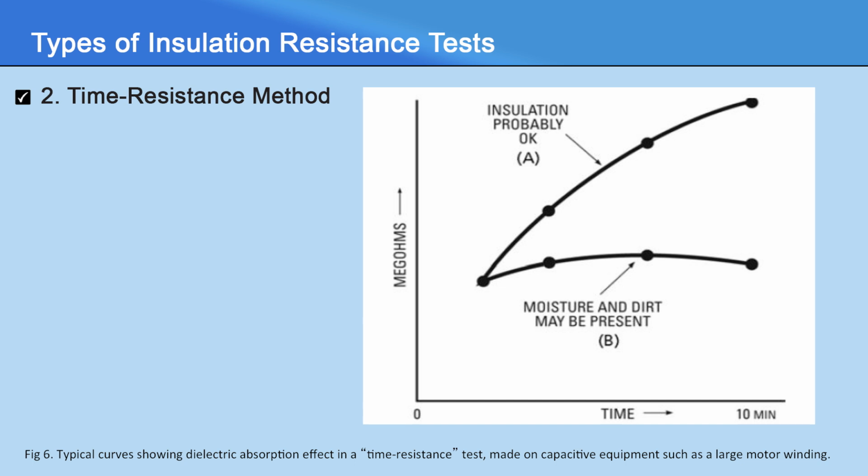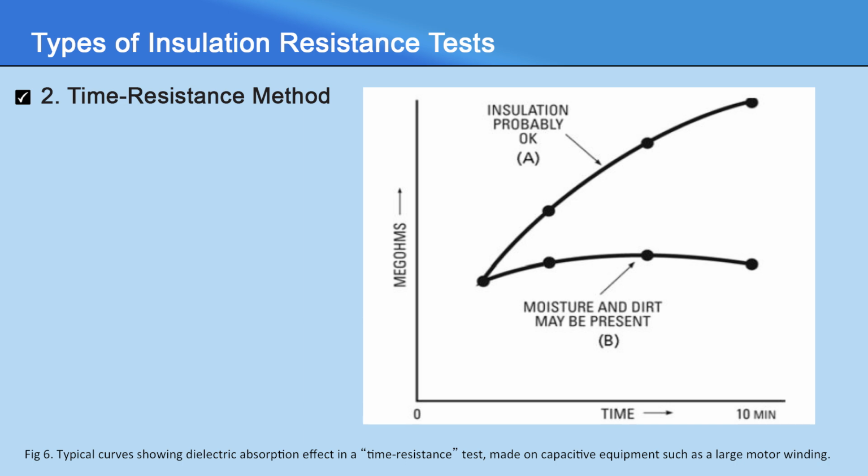Now, let us discuss the second method, which is the time resistance method. This method is fairly independent of temperature and often can give you conclusive information without records of past tests.